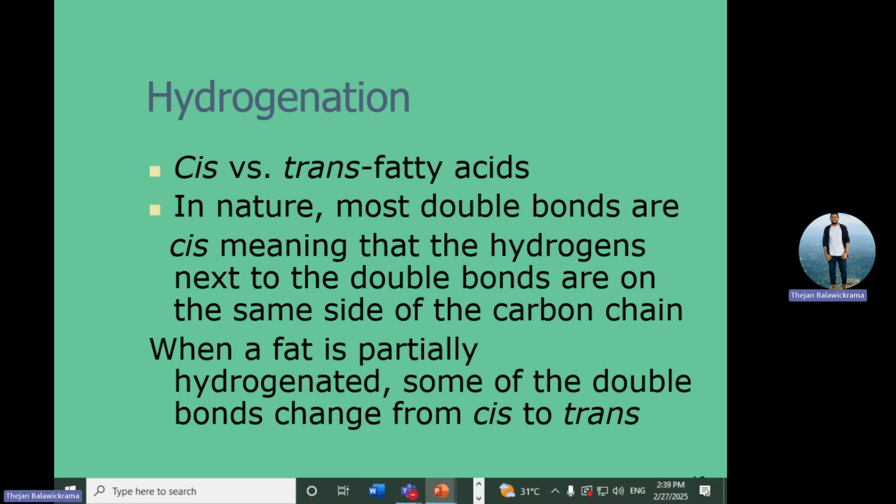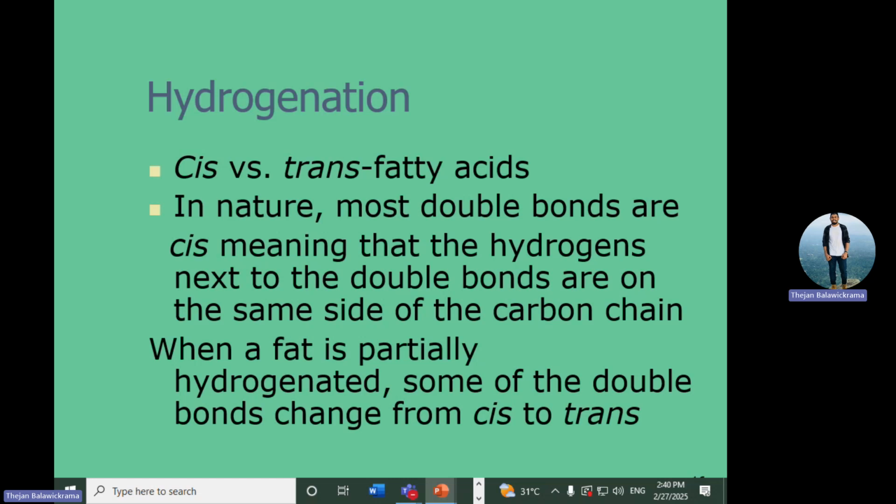This cis and trans concept is Latin, not English, which is why it makes no sense to us when we hear cis and trans. That doesn't matter. Cis and trans is for double bond containing ones, that means for unsaturated ones.